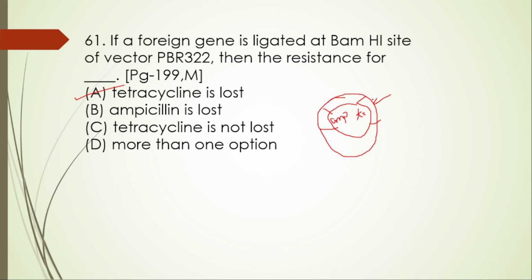If you are ligating any foreign gene at a BamHI site, what happens, it will lose the tetracycline, because this is the area for tetracycline resistance. If you are ligating at this area, you will be losing ampicillin. So when he is asking for BamHI, you will lose tetracycline.